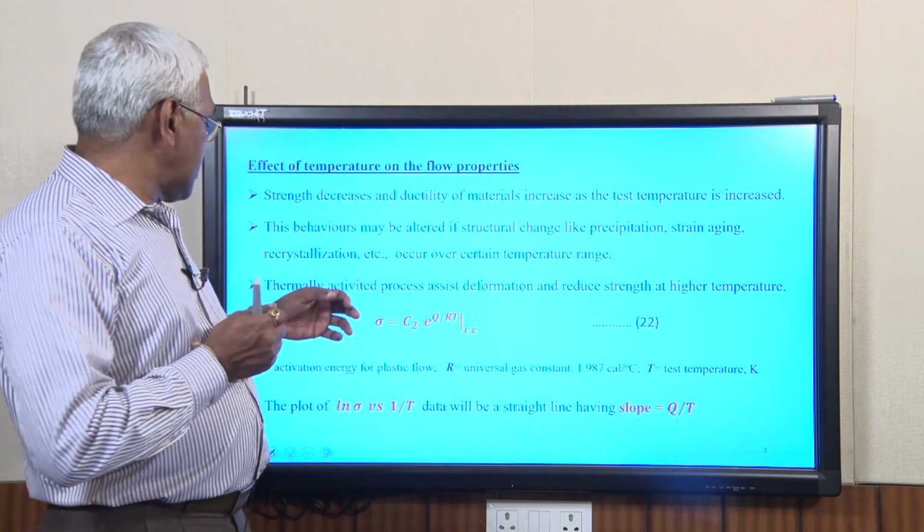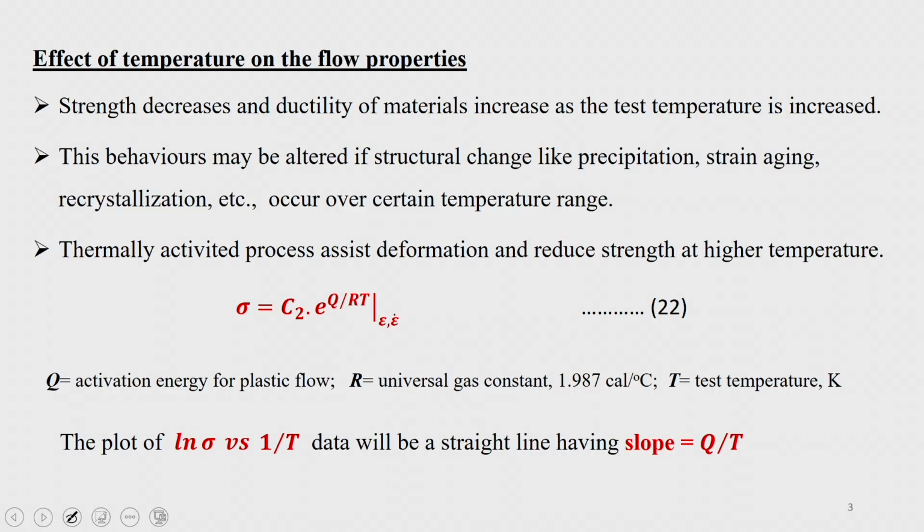So you have something called the activation energy for plastic deformation. Based on that, the yield strength or flow stress can be represented in the form C2 times exponential of minus Q by RT, at a constant stress and strain rate. So the temperature dependence of the flow stress is there.